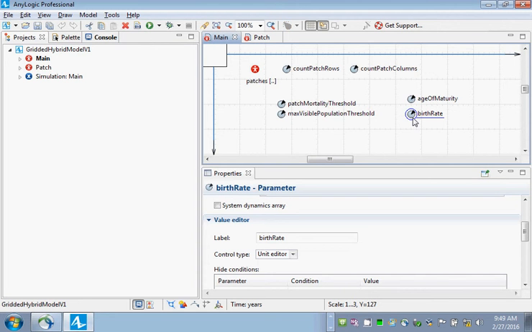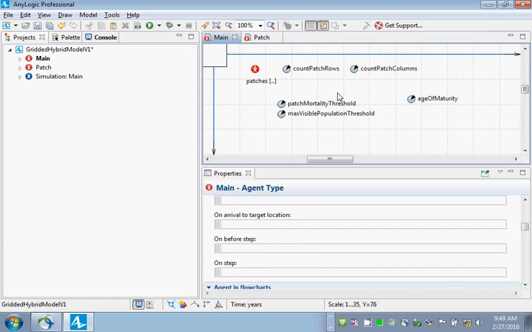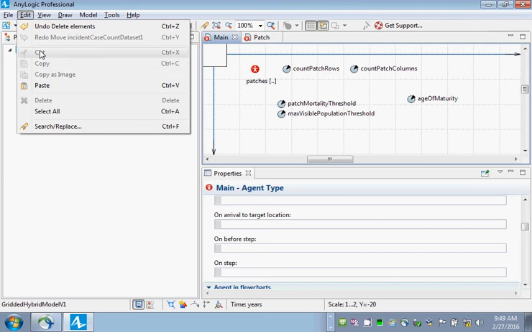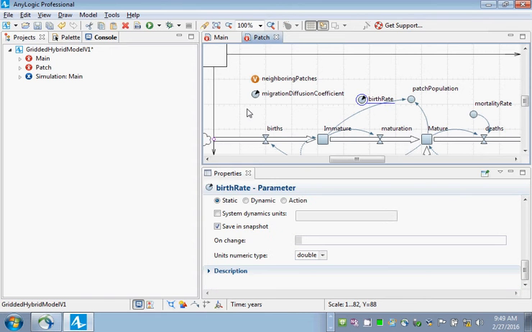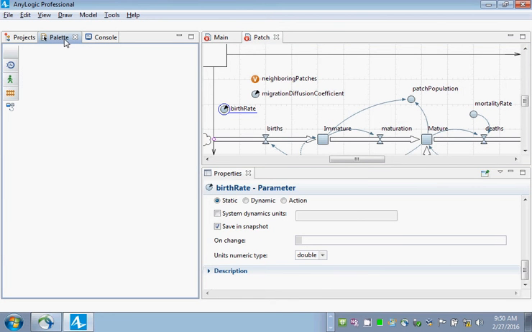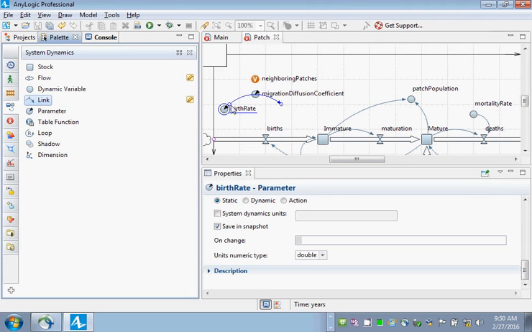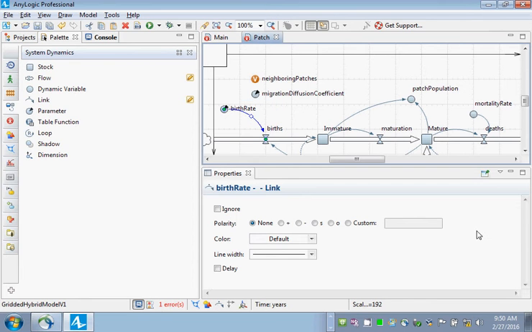Having done this, I am going to put in place a link from this birth rate to these births here, and we are going to further modify this formula such that it refers directly to the birth rate within this class.